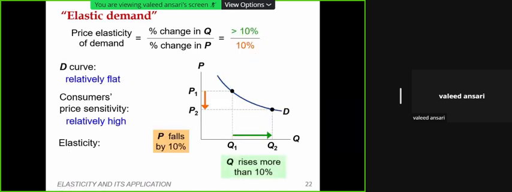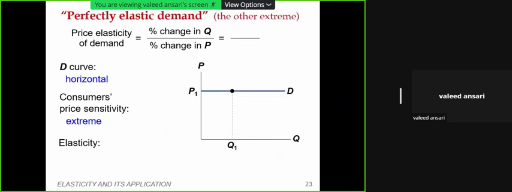And in this curve, the change in quantity is larger, so the percentage change in quantity is greater than the percentage change in price, and therefore you will have a value greater than 1.